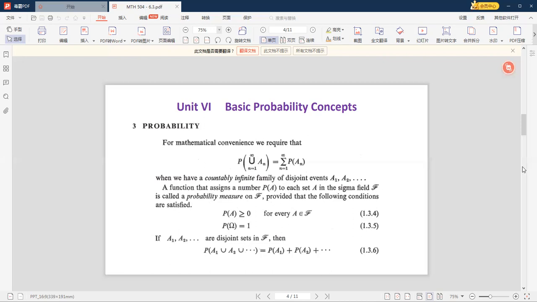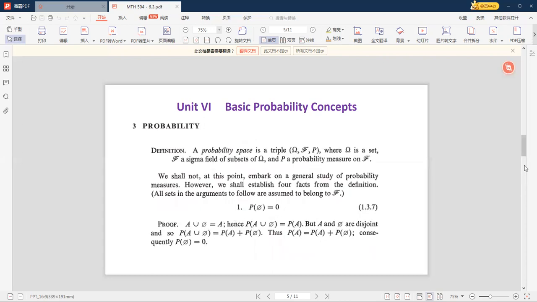So that's the difference, I guess. Let me just say this, I think this is important. A probability space is a triple, including omega, F, and P, where omega is the sample space we talked about before, the set of all the outcomes of the experiment. F is a sigma field of subsets of omega.